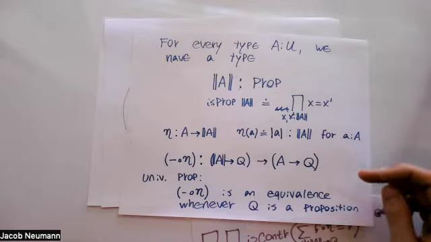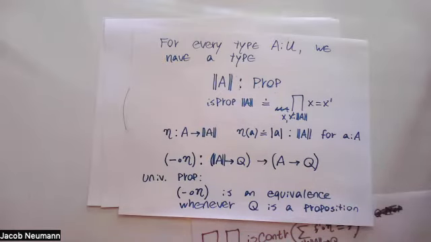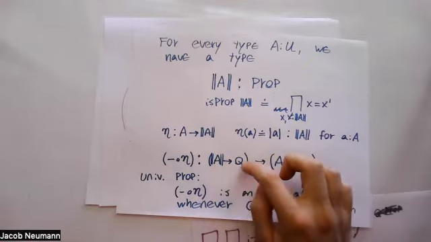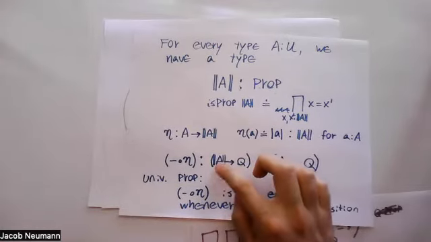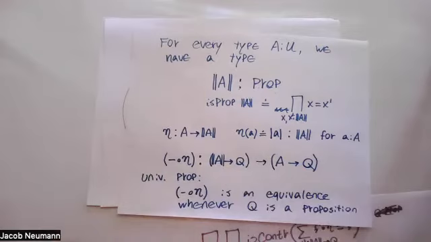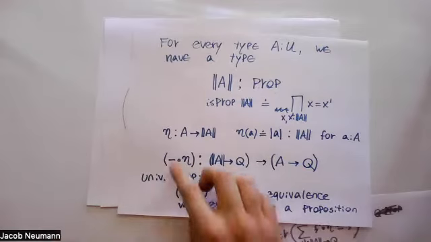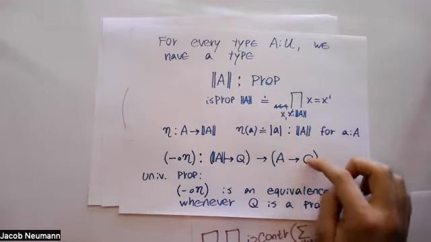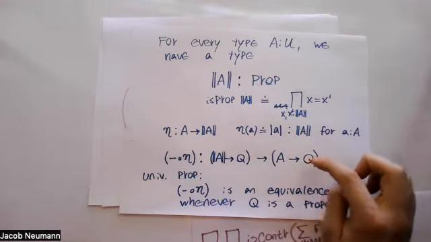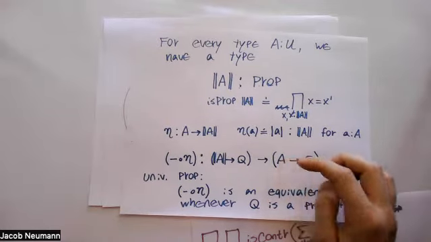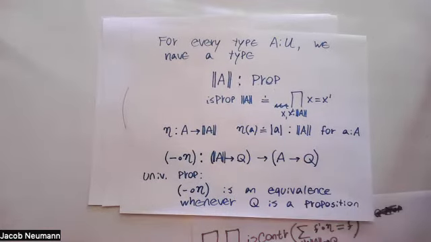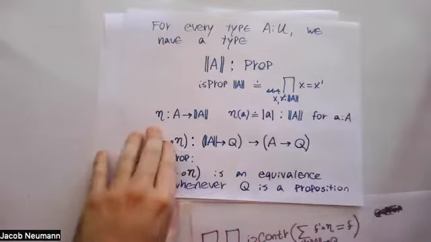If we're trying to obtain a map from the truncation of A into Q, so we're trying to prove a proposition Q with an assumption of truncated A, then we can essentially assume we have an element of A. We can construct a map like this: if we have some A, then we produce a Q, and then we can use this equivalence to go back to a map from the truncation of A to Q. I'll show what that looks like when we do a problem in just a second.